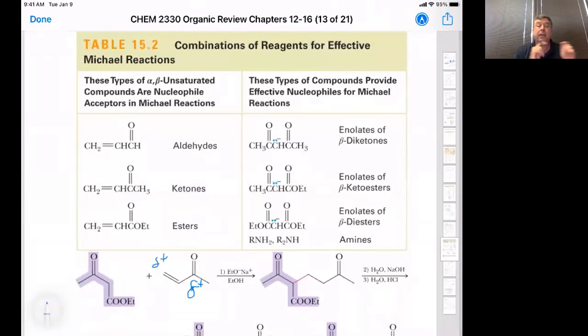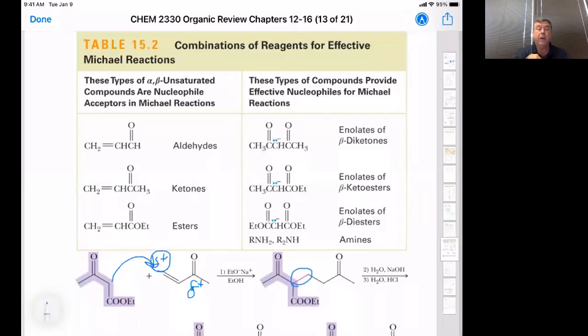So part of the time, because of conjugation, it'll go back and forth, and therefore our enolate will attack at that position, and we get what we call that Michael addition reaction. We're adding on to the end of the chain, not on the carbonyl. But it's because the carbonyl is there that we get the partially positive charge on that carbon. So it's directly related to that partially positive charge on carbon.